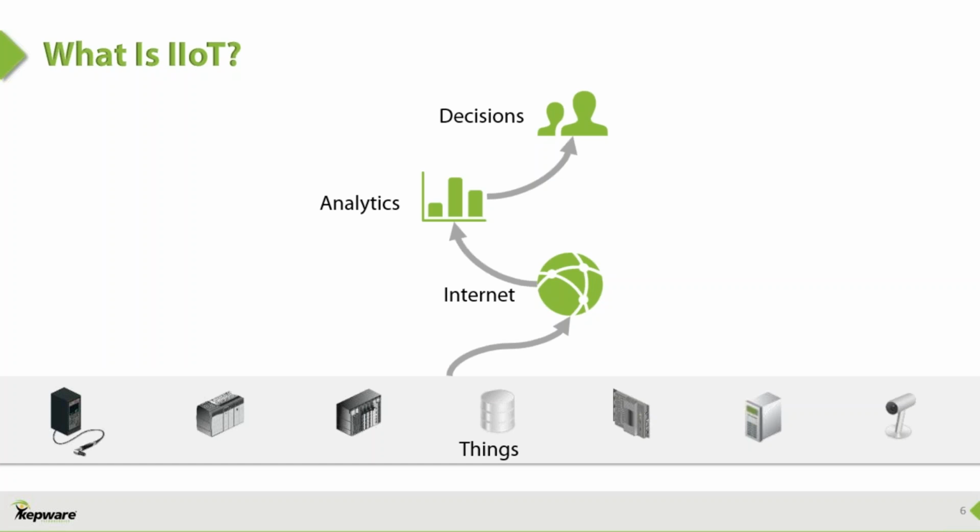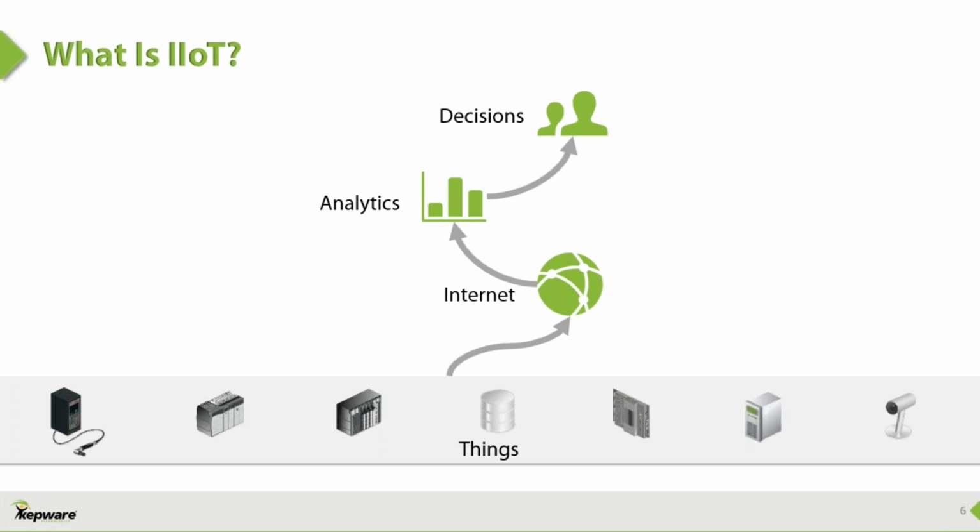But before we talk about how IoT has changed that model, I want to give you a basic sense of what it is. A very basic idea of how we define IoT, whether it's industrial Internet of Things, manufacturing, smart manufacturing, Industry 4.0, whatever you call it.